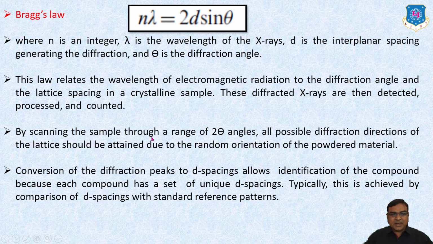By scanning the sample through a range of two theta angles, all possible diffraction directions of the lattice should be attained due to the random orientation of the powdered material. Conversion of the diffraction peaks to d-spacing allows identification of the compound because each compound has a set of unique d-spacings. Typically, this is achieved by comparison of d-spacings with standard reference patterns.